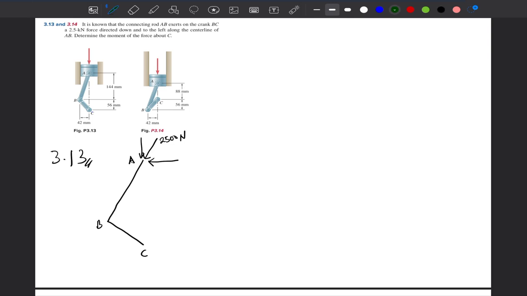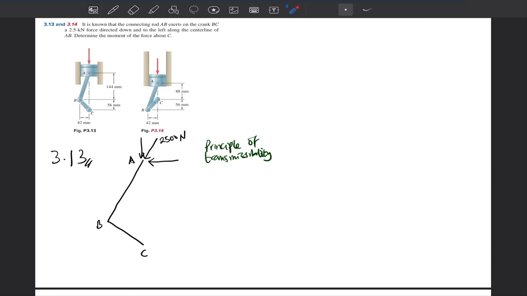Then, because of the application of the principle of transmissibility, which tells us that if a force is acting along a straight line on a rigid body, then the force can be taken to act at any point along that line and it will have the same effect. So whether our force is acting at A here or acting at B here, it will have the same effect on the rigid body.